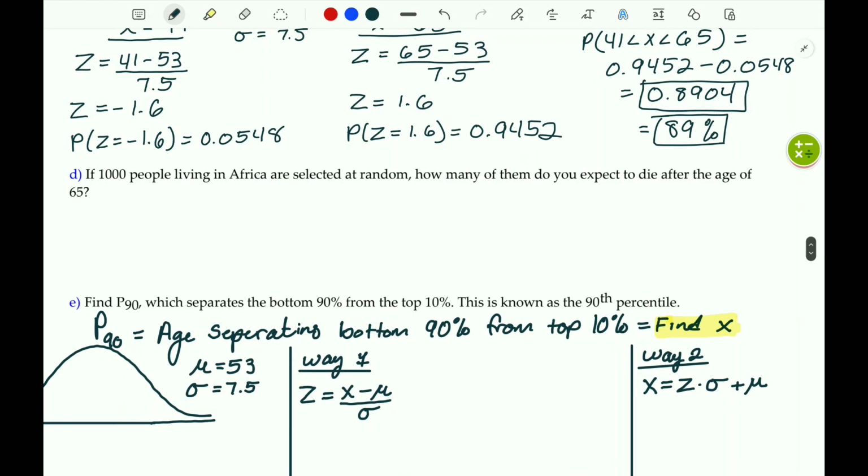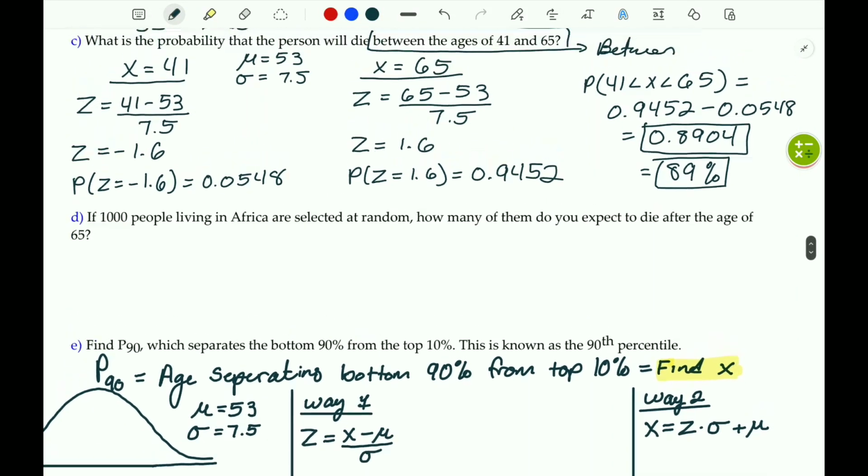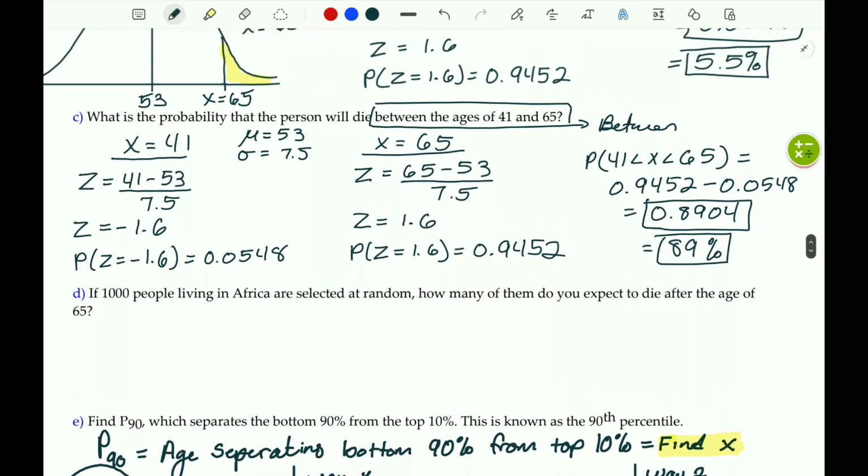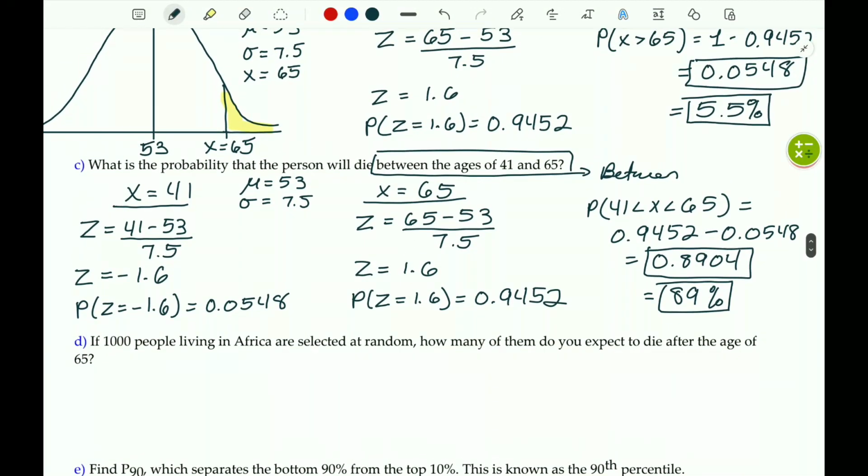Okay, letter D. It says, if 1,000 people living in Africa are selected at random, how many of them do you expect to die after the age of 65? So we want to find, based on this sample size, or based on 1,000 people, which can be the population, which is not, of course.